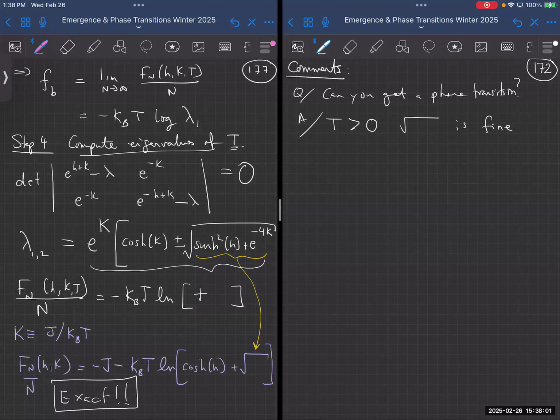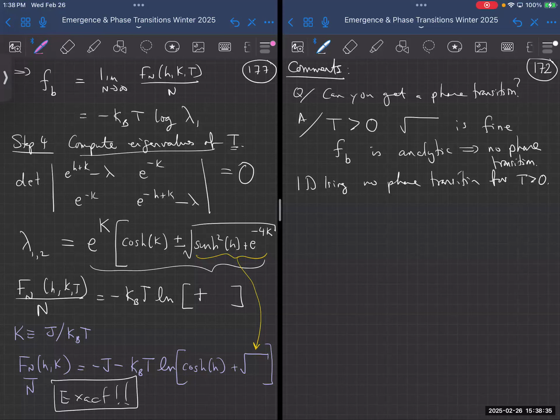And so then I get that the bulk free energy per unit volume is going to be some analytic function. And so that means that there's no phase transition. So for one-dimensional Ising, there's no phase transition at non-zero temperature. And we saw that before.